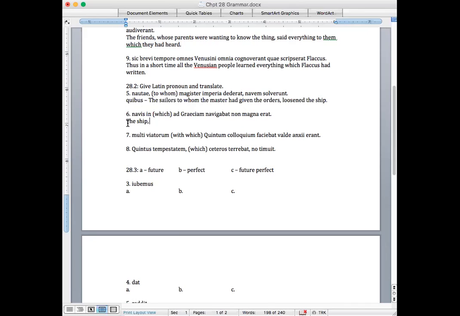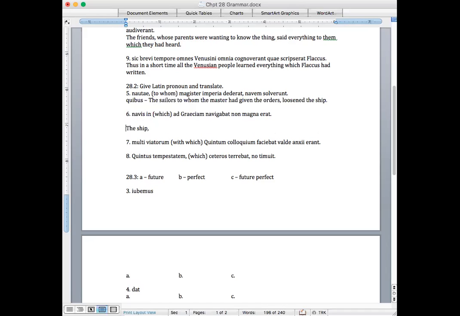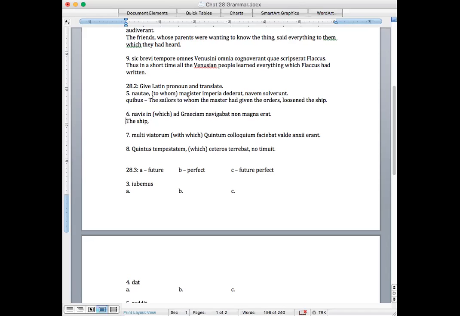Oh, let's do the which first. So what's the antecedent, first of all? The which is referring to what? The ship. What is the gender of ship? If you don't know, what should you do? Oh, you can look it up in the glossary or in a dictionary, and it will tell you the gender. The gender of navis is feminine. So is there one ship or more than one ship?